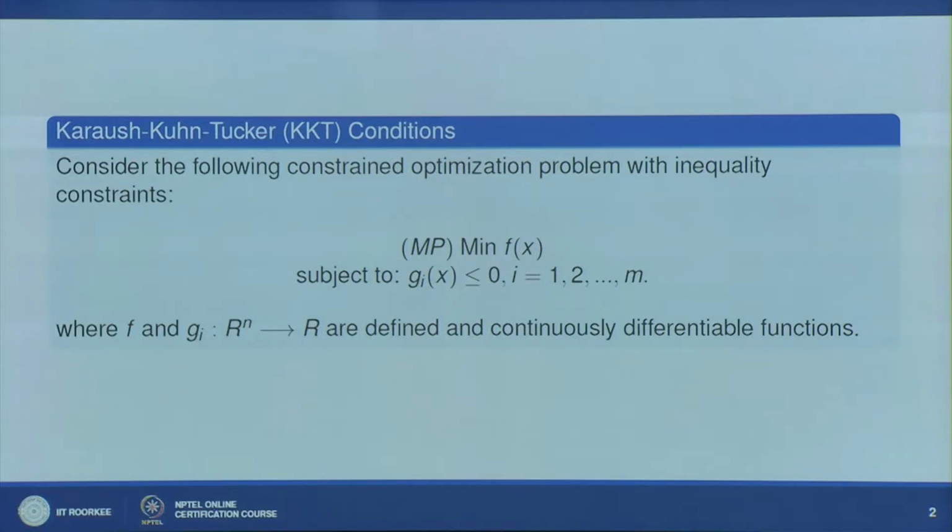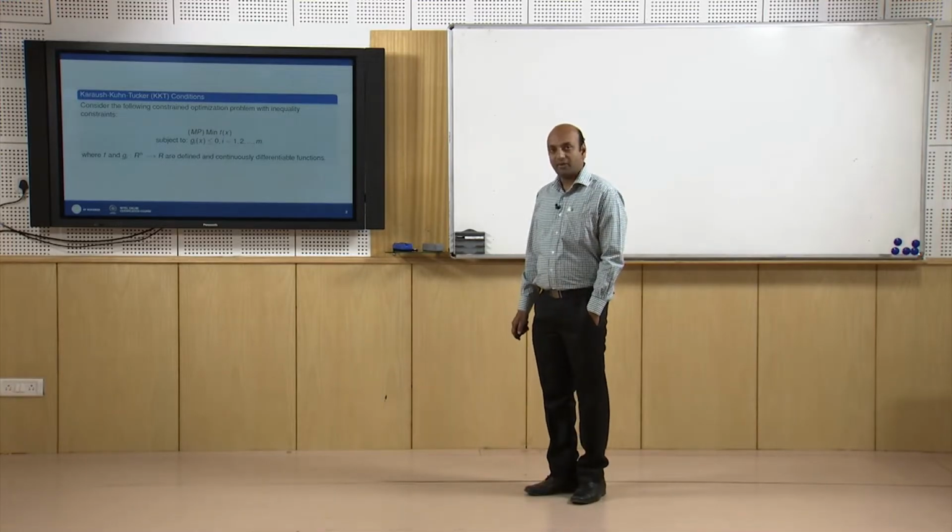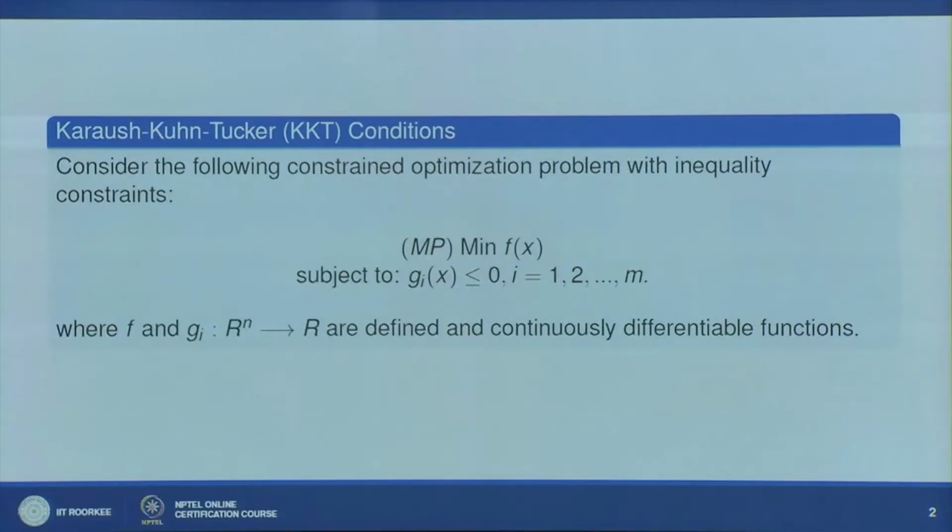Consider this constrained optimization problem with inequality constraints: minimize f(x) subject to g_i(x) less than or equal to 0, where f and g_i from R^n to R are defined and assumed to be continuously differentiable functions.